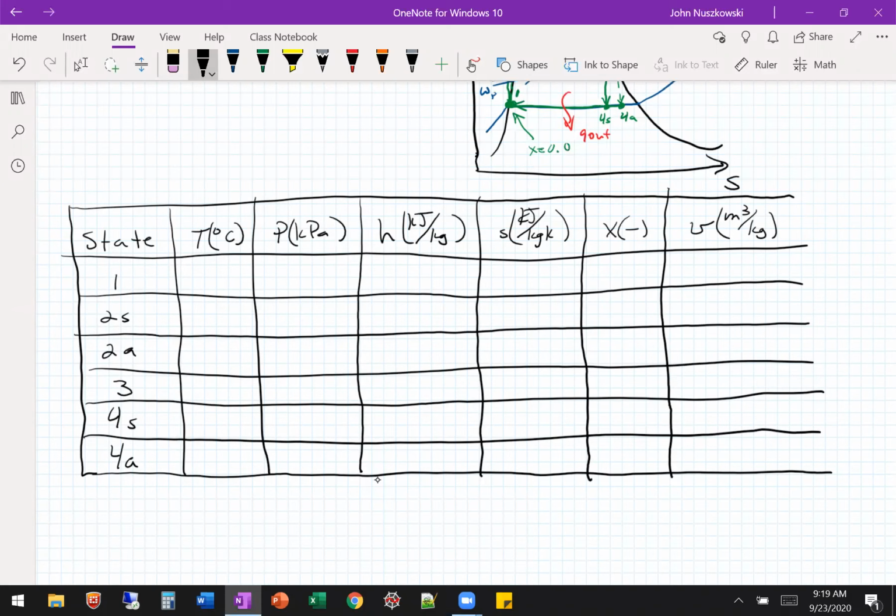But then at each one, we have all these different properties we might need in this problem. So trying to keep it organized and just writing it someplace on your sheet of paper and then trying to find it when you go back and look at that sheet of paper when you need it later in the problem as you're solving, it becomes difficult to keep organized and find that information. So the table will help it a great deal, okay?